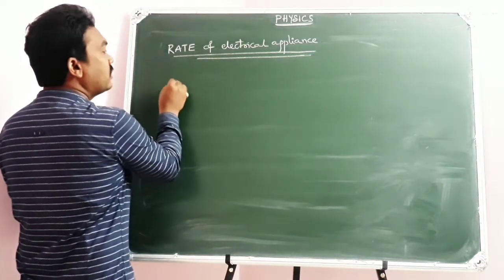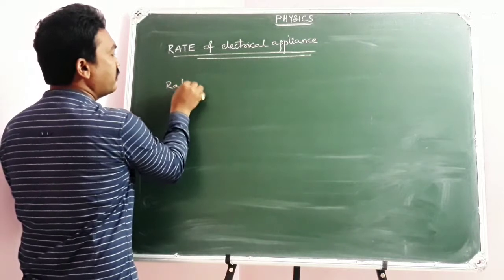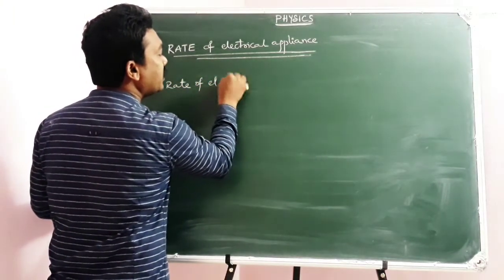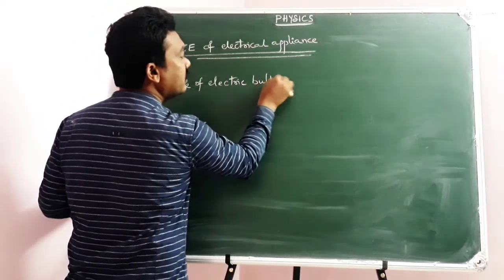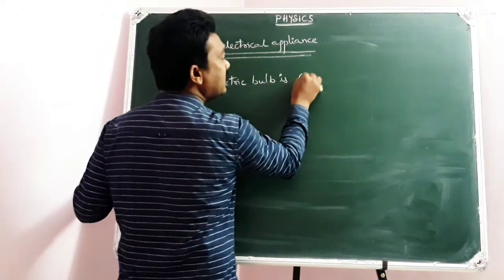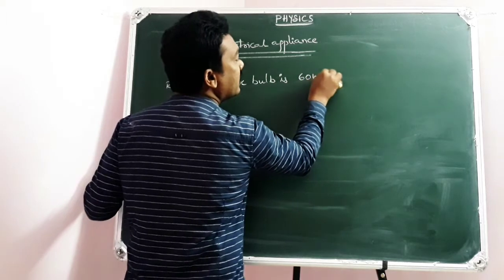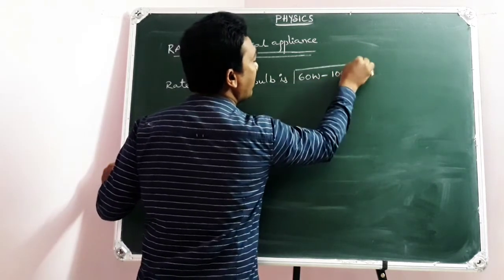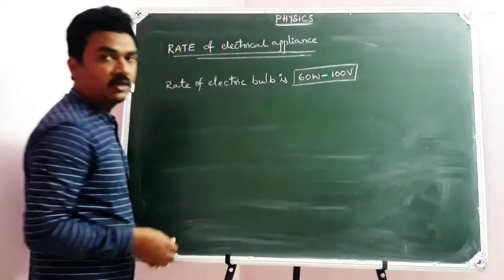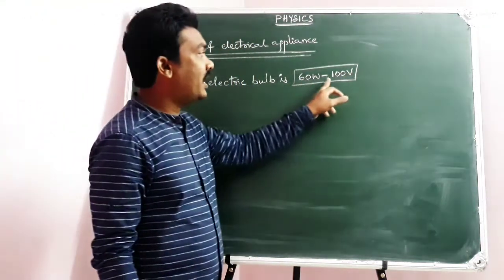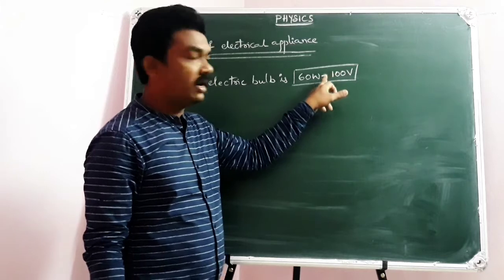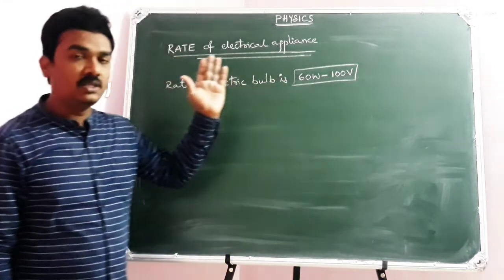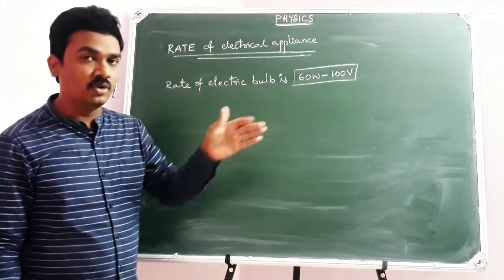For example, the rate of an electric bulb is 60 watt at 100 volt. See how I am going to read. There is a hyphen I have written, but while reading it should be read as 60 watt at 100 volt.